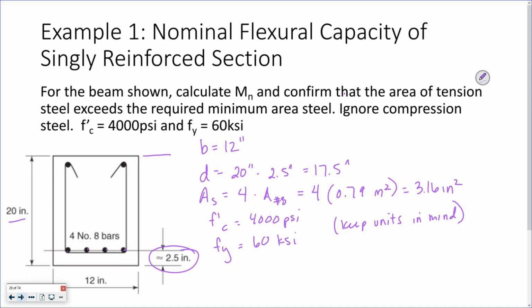Beta 1, right? On page 399, I have an F prime C of 4,000, so my beta 1 is 0.85. That's my ratio of the depth of the neutral axis to the depth of my stress block, right?